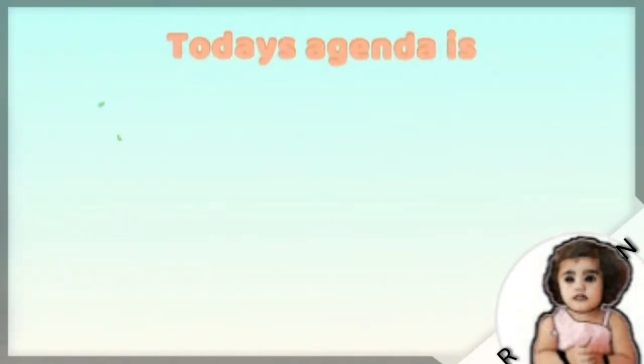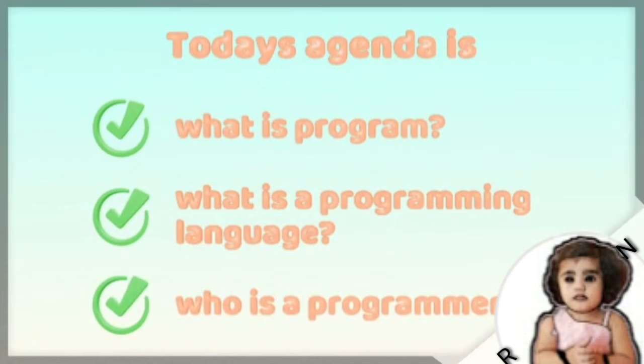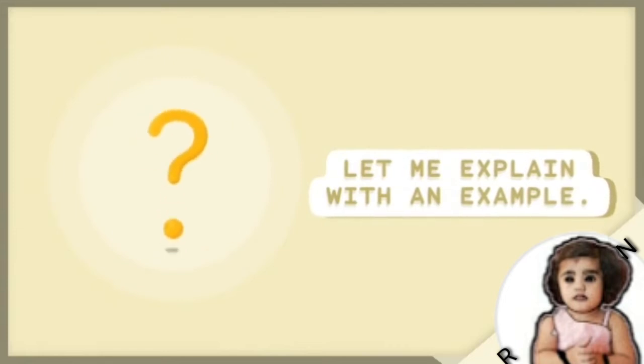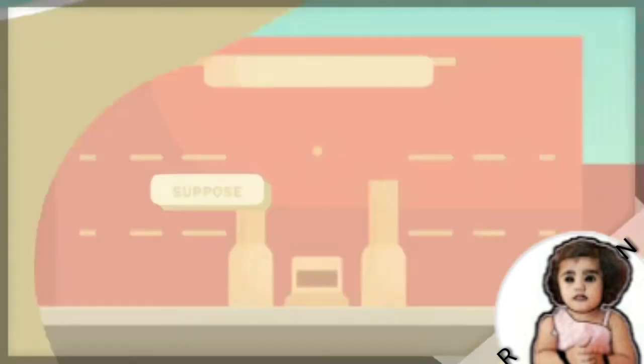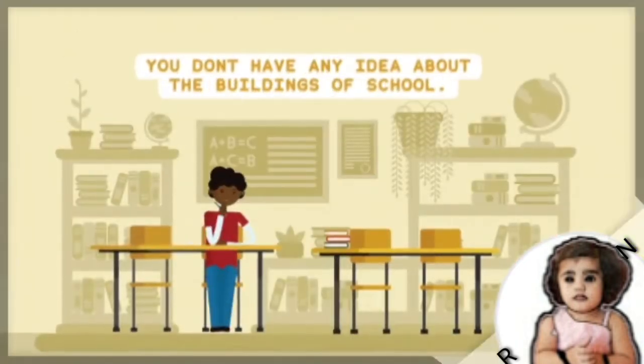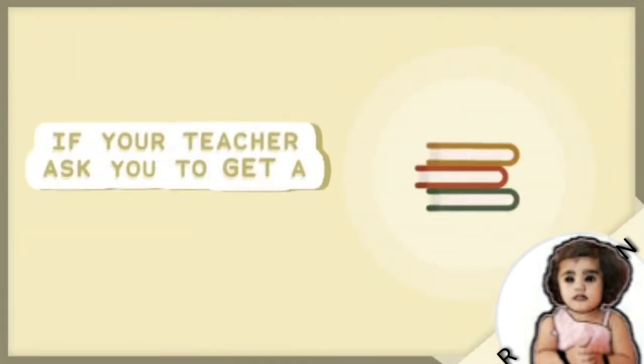So let us start the session by understanding what is a program, what is a programming language, and who is a programmer. Let me explain this to you with a simple example. If you are new to a school and you don't know anything about that particular school, you are very blank, you are very new to that school, and your teacher asks you to get something from the staff room.